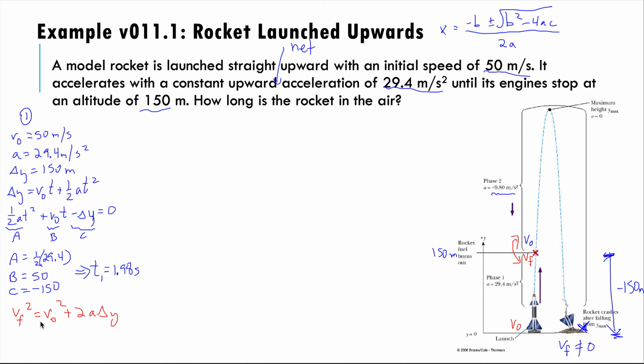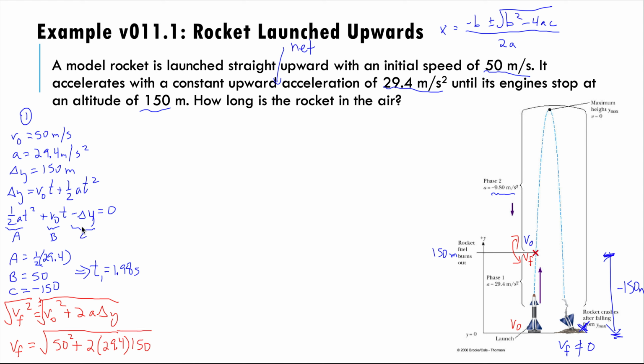I'm going to take the square root of both sides. Now do note that when you take the square root of both sides, you do get a plus and minus here, but we only care about the positive velocity because we know it's going up at this point. So we're going to have Vf equals the square root of 50 squared plus 2 times 29.4 times delta y, 150.